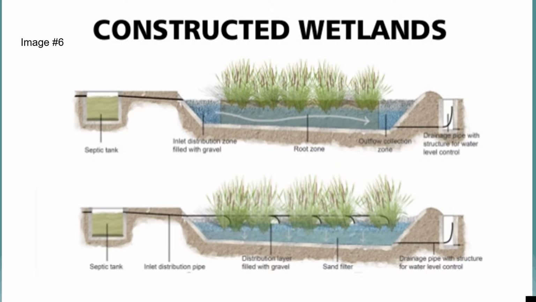And then there is another area of gravel at the end to kind of modify or regulate the amount of water being let out at one time. And then there is a drainage pipe to lead away from the initial septic tank.